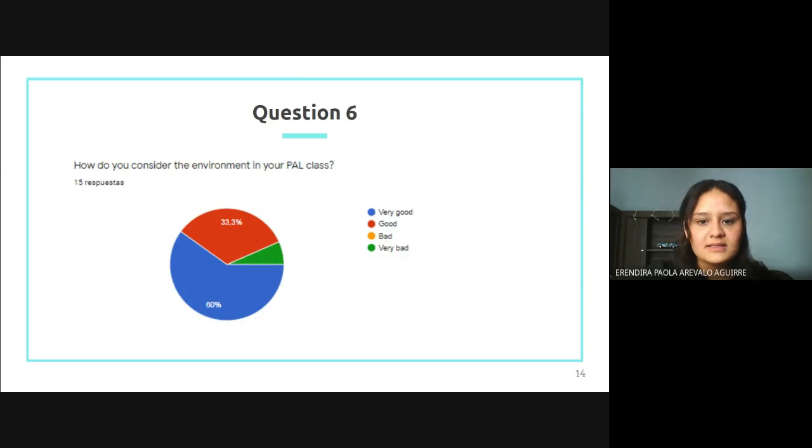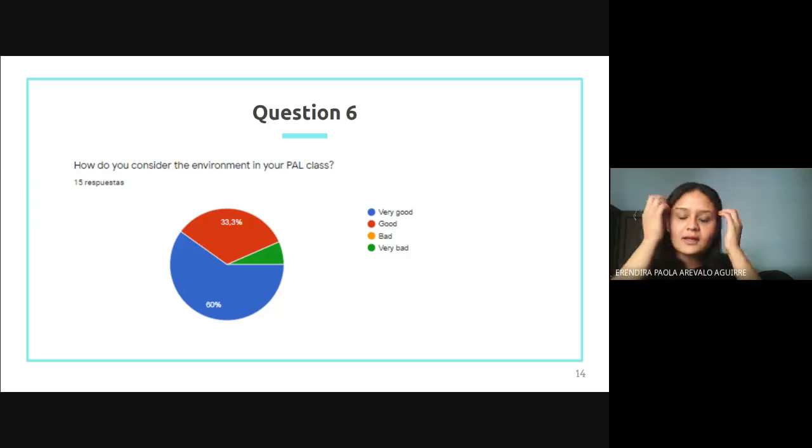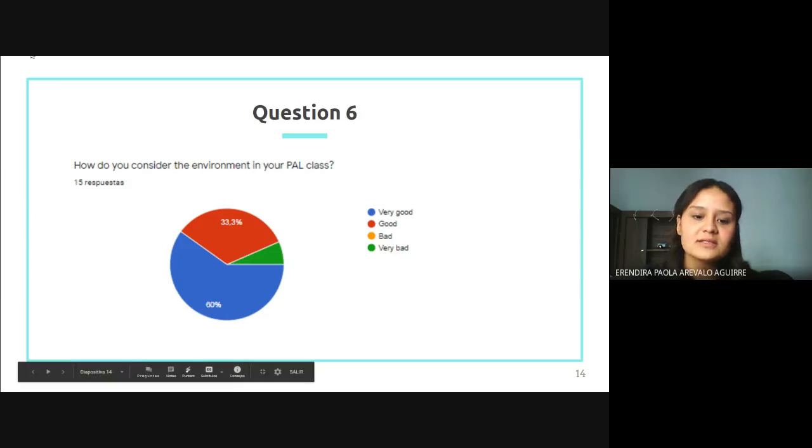So the 60% that liked the environment they were in were the same ones who at the end decided they would take or continue taking online classes. As far as 33%, they chose that it was just good, and this other 6.6% considered that the environment was very bad.